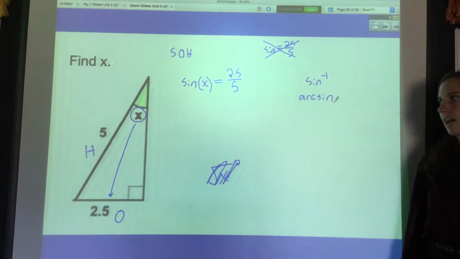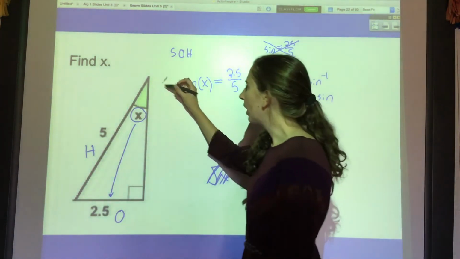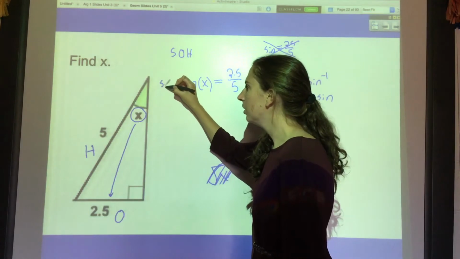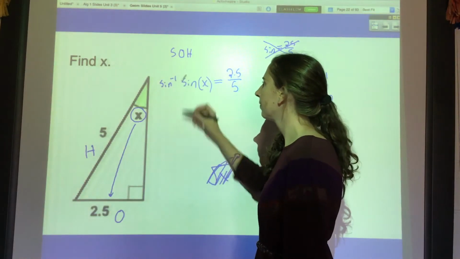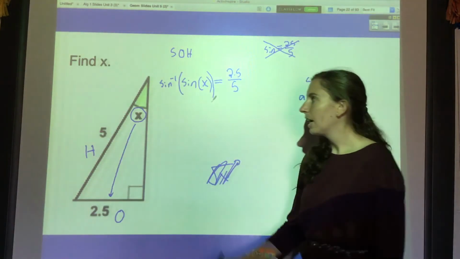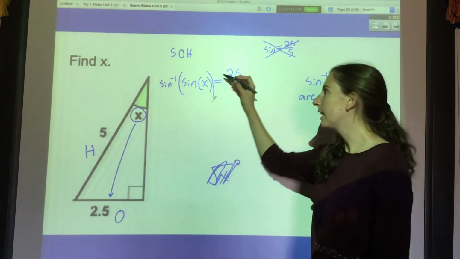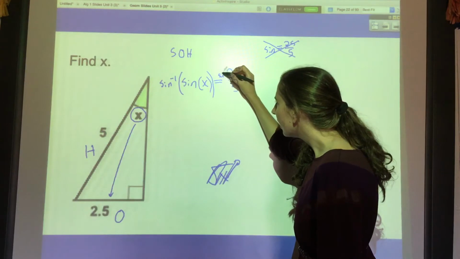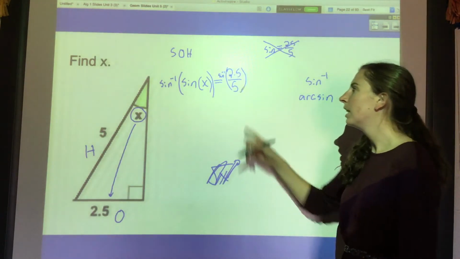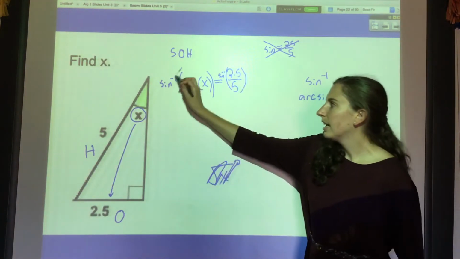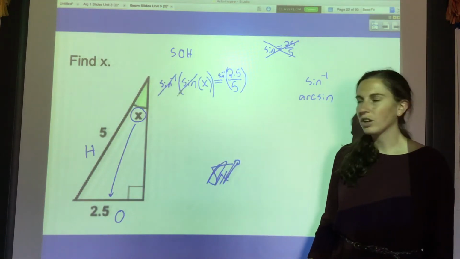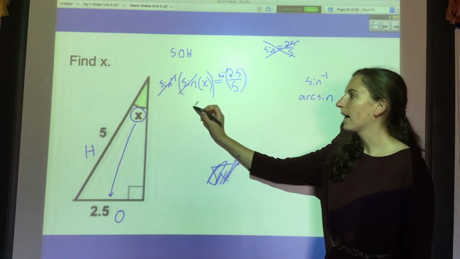They undo sine. So if I want to undo sine, I'll just do sine inverse. If I do it to that side, I also have to do sine inverse to this side. So I'm going to do sine inverse, sorry, I'm running out of room, of this side. And sine inverse and sine cancel each other out, leaving just x.